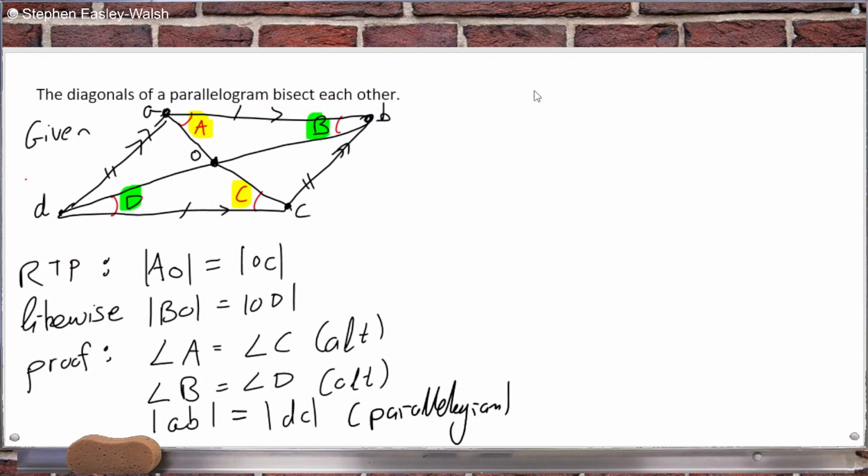So that means the triangle ABO is congruent to the triangle CDO. Are congruent triangles.